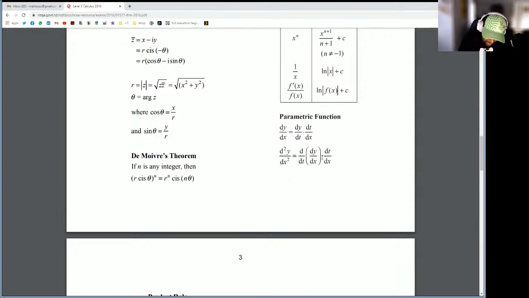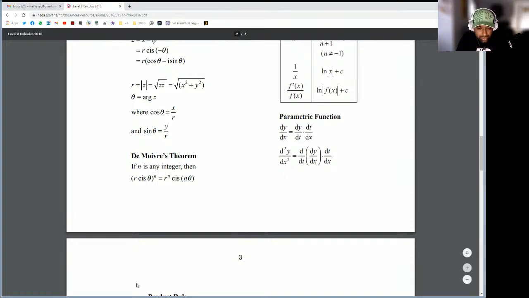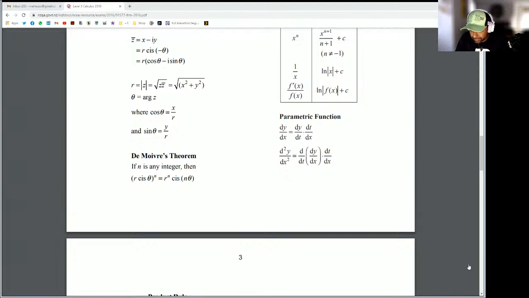So I'm going to copy down those two formulas. dy dx is dy dt times dt over dx, and then the second differentiation of it is the differentiation of dy dx with respect to dt multiplied by dt dx.